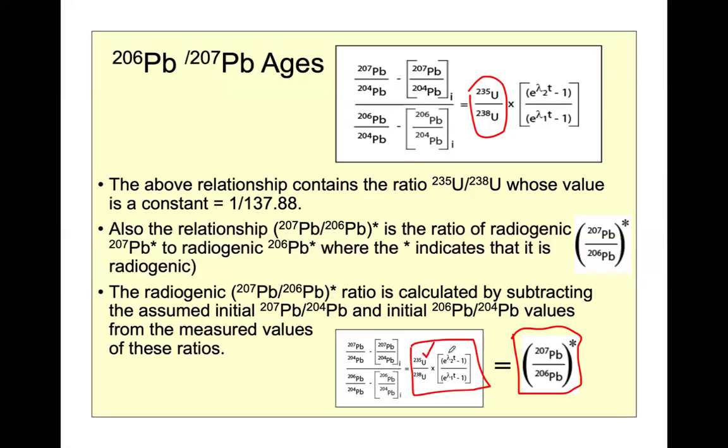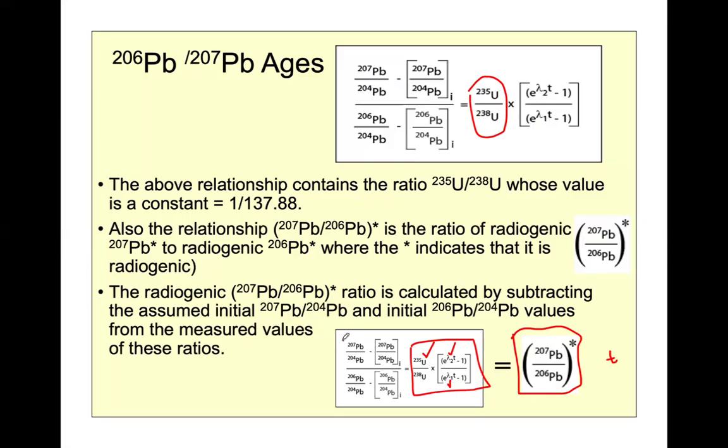So we know lambda, right? It's experimentally determined, and lambda 1 and lambda 2 both we know, right? So only unknown is T, and we can have this as a very useful equation for age calculation, right?